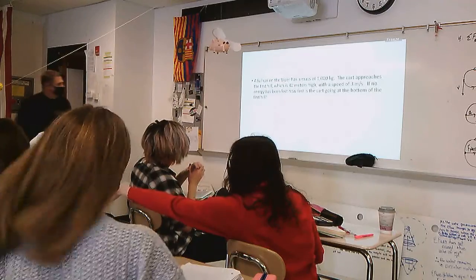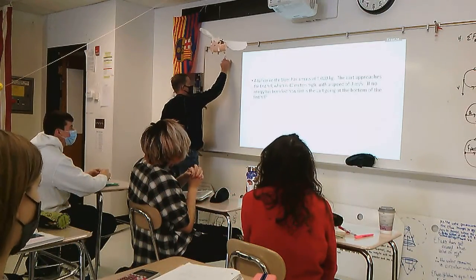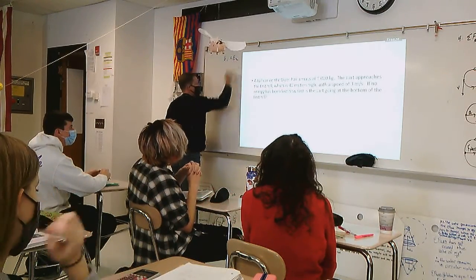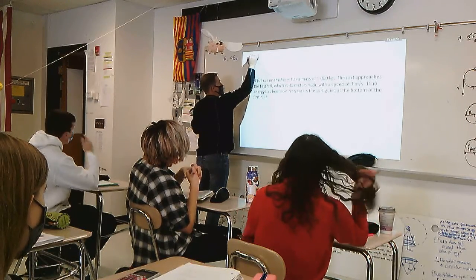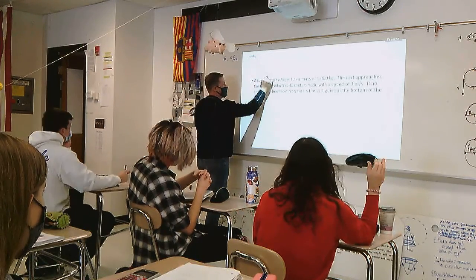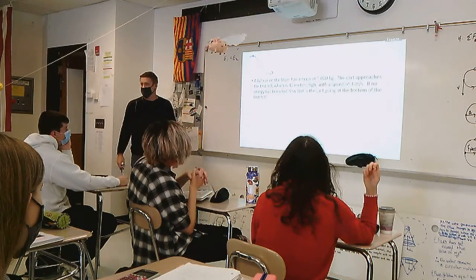Okay. So look at, real quick, we got conservation of energy, right? E1 equals E2, where E1 is the energy up here at the top of the hill, and E2 is the energy down here at the bottom of the hill.